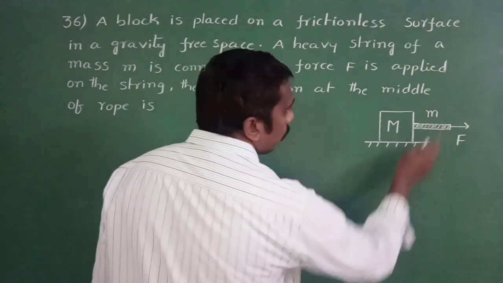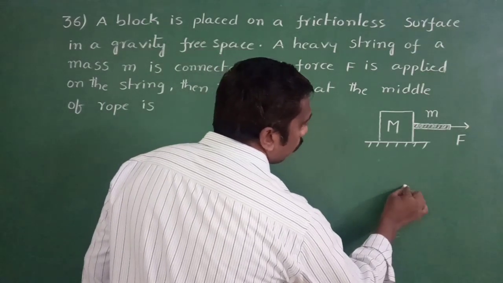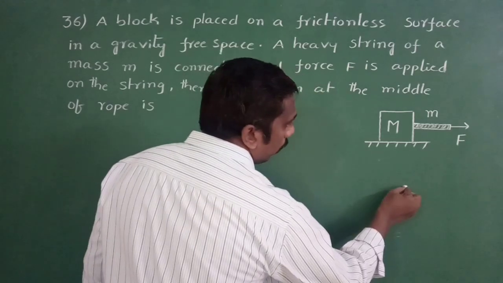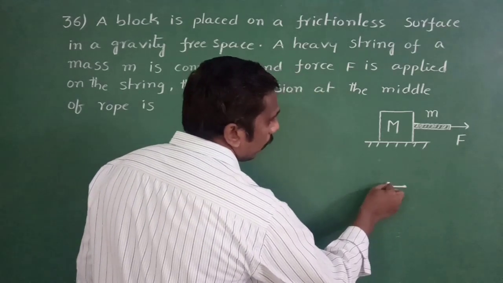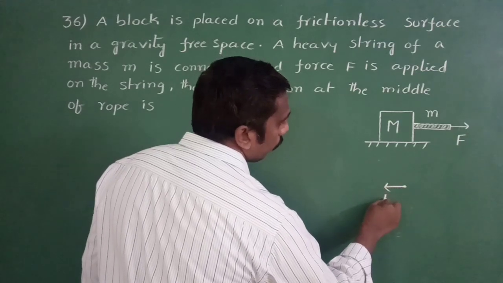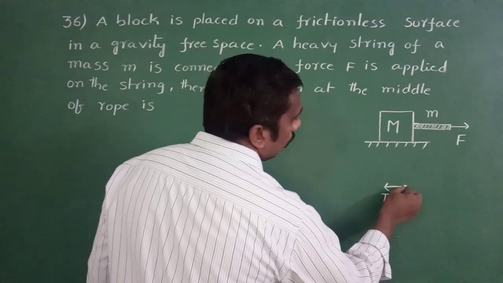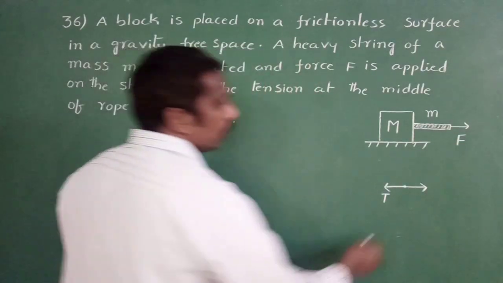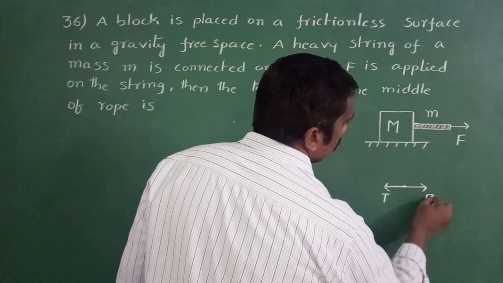If you observe this diagram, you assume this is the middle point. So at the middle, in this direction, tension is acting, and in this direction, the applied force is acting.